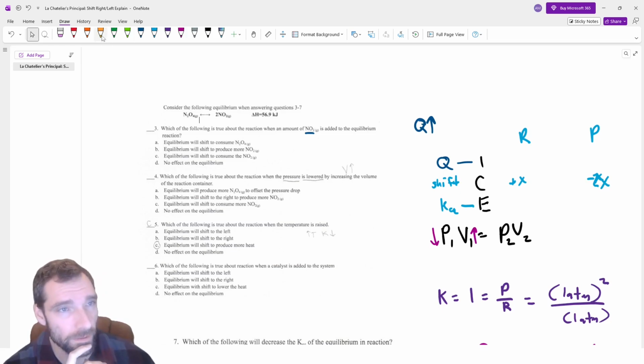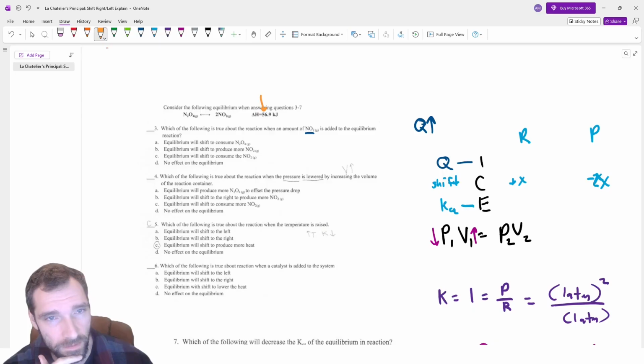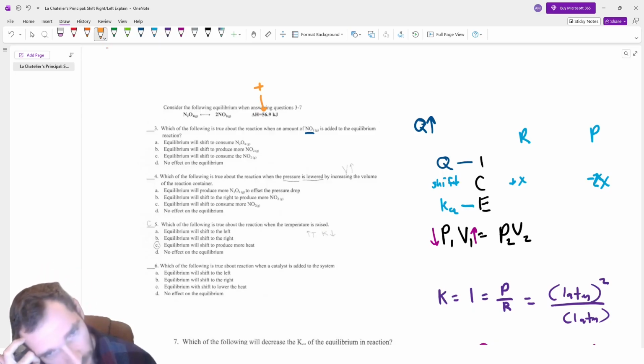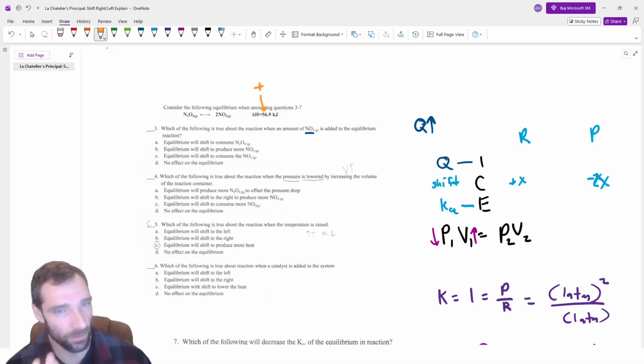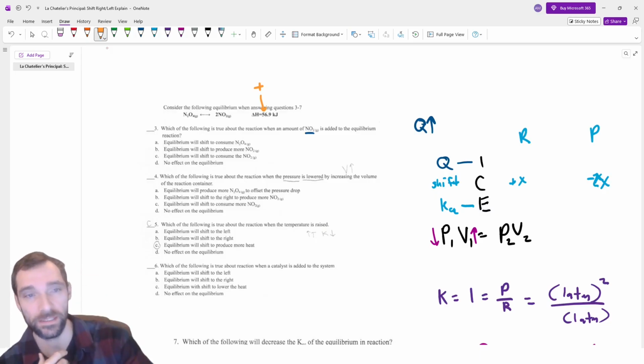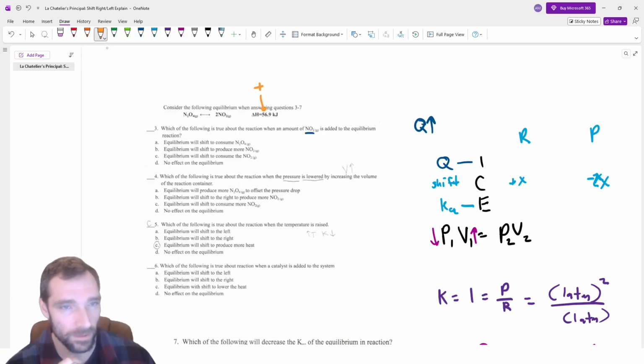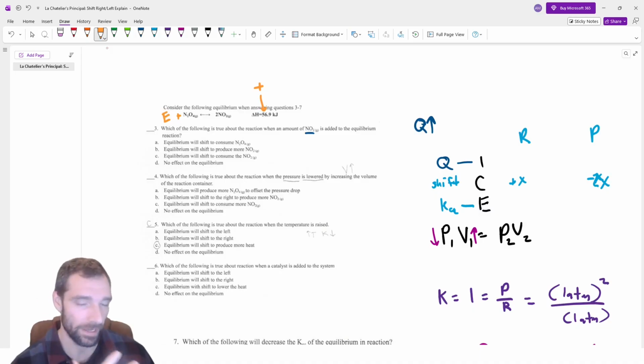So if you think about temperature, this change in H value right here is a positive number, and how temperature is going to shift things will be different for exothermic and endothermic reactions. An exothermic reaction gives off heat, so energy would be a product, but in this case you can think of energy as a sort of reactant.